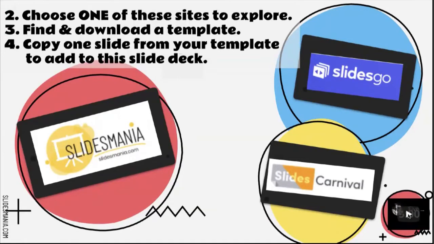So basically you're going to explore, download one template that you like, and then go through that template. There's a whole bunch of variety in that template, so pick one slide that you want to play with a little bit, because we're going to practice doing some things with it. Add it directly after this slide.